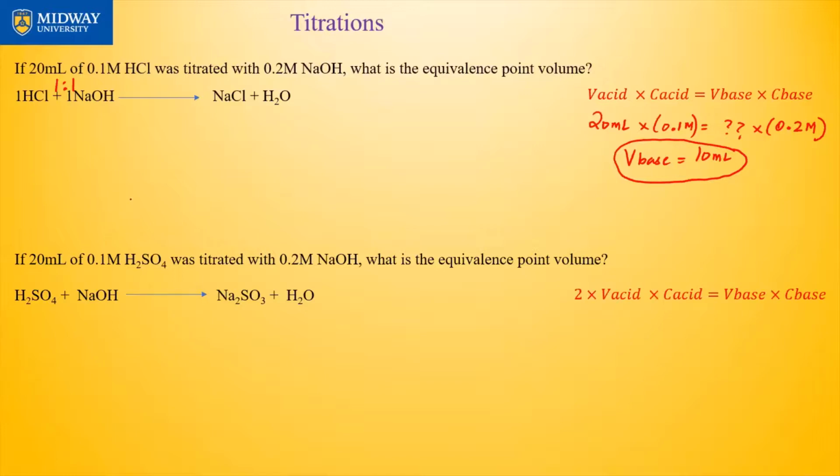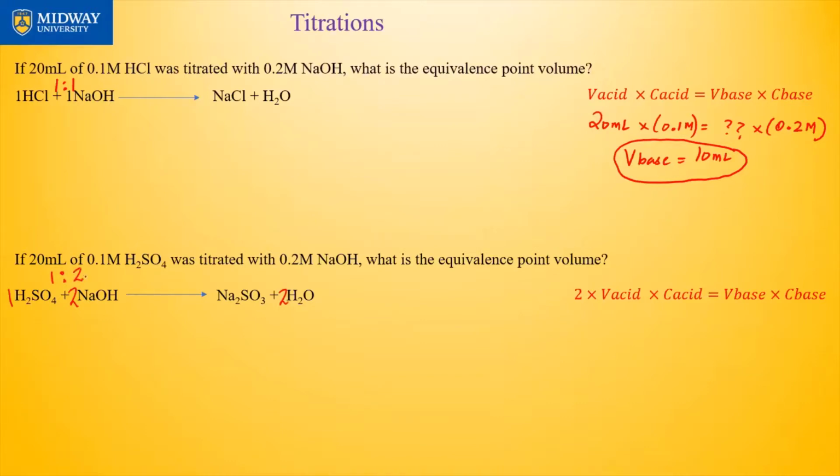The reason being, people creating standardized exams don't prey on the top problem. They always prey on the bottom one because most people don't recognize that these are not in 1-to-1 ratio. Now if you actually balance, you notice there's a 2 in front of the NaOH and 2 in front of water. But what we're really interested in is this. So the acid is 1 and the base is 2.